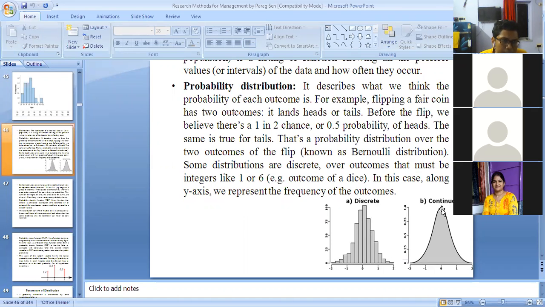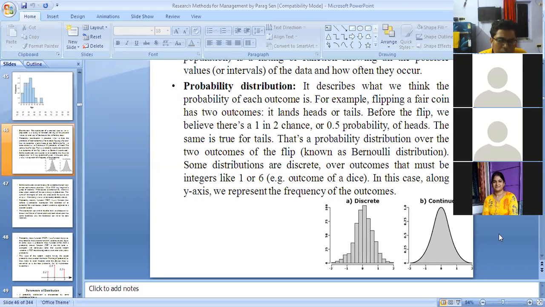Okay, so when you want to find out the probability, suppose there is one particular line that is representing your 45 days.